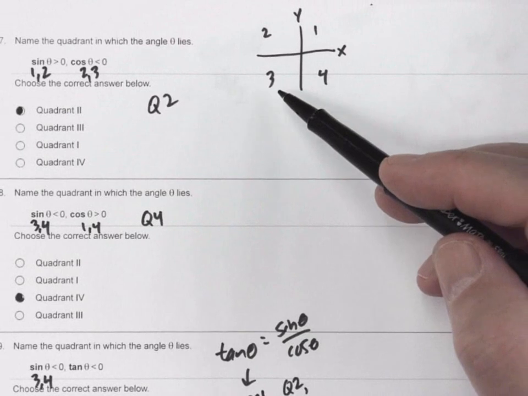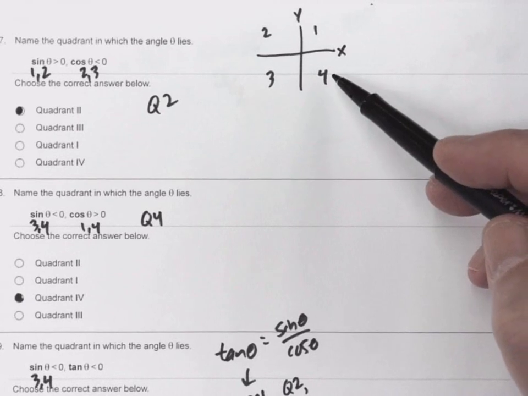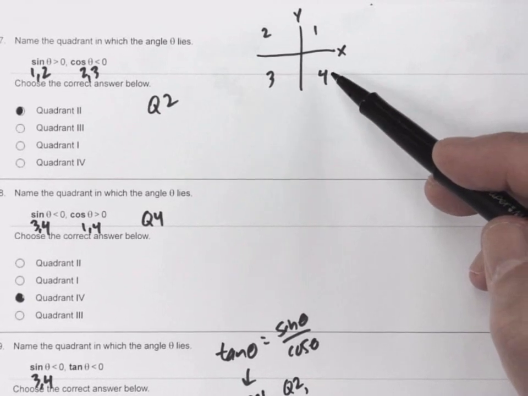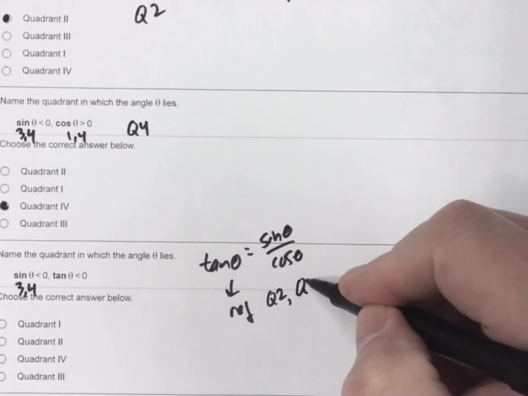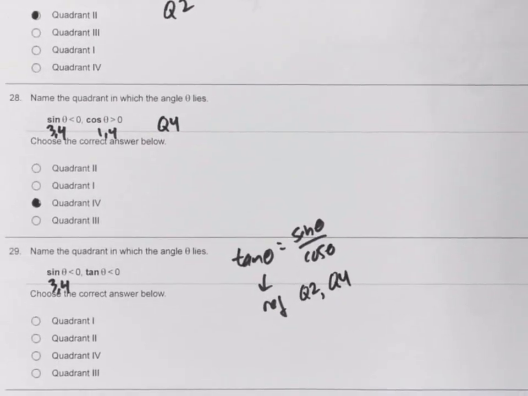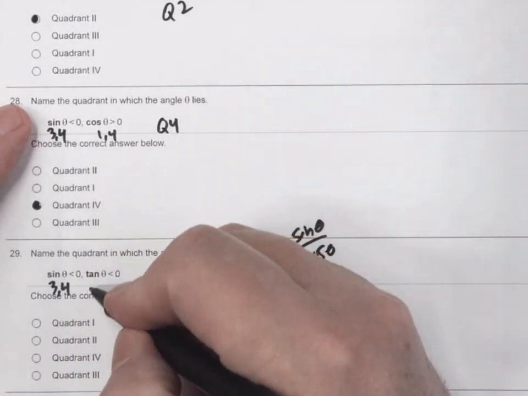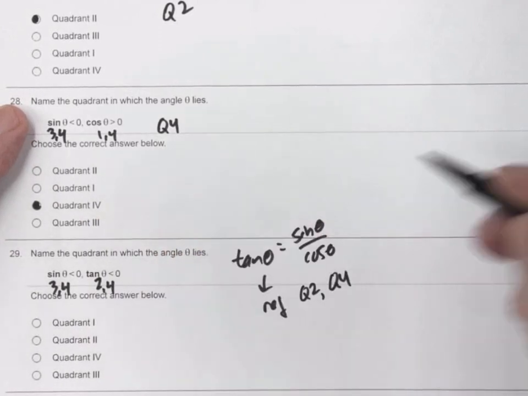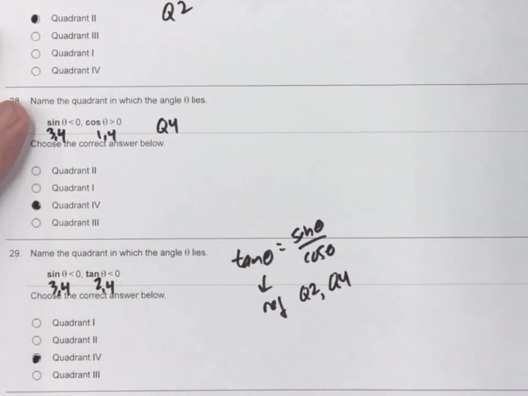Sine and cosine are both negative, so when you divide them, it ends up being positive, so that's not good. But quadrant 4, cosine's positive, sine's negative. If you divide them, you get a negative number, so it looks like for tangent of theta less than 0, that occurs in quadrants 2 and 4. Which one's in common? Quadrant 4.